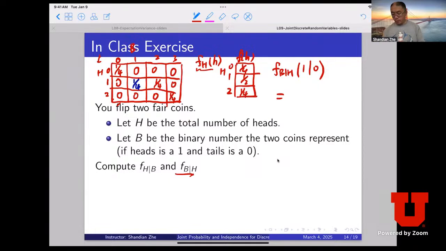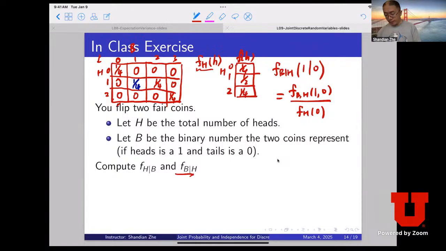According to the definition, this is the joint density at 1 and 0 over the marginal density of H at 0, right?